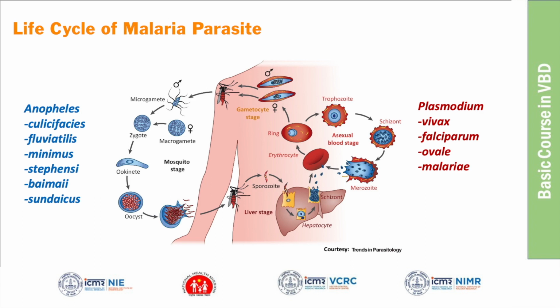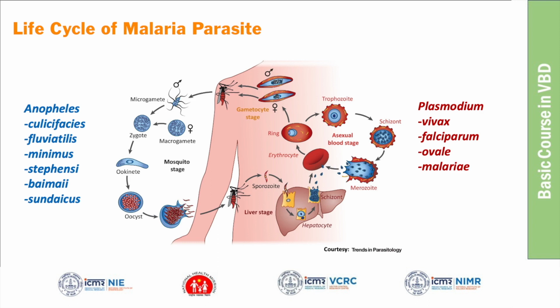Anopheles stephensi, which is an urban vector, and Anopheles baimaii, which is primarily in the northeastern states, and Anopheles sundaicus, which used to be in Odisha around Chilka Lake. Now it is no more available in that earlier area of its distribution, but is now restricted to the Andaman and Car Nicobar Islands.